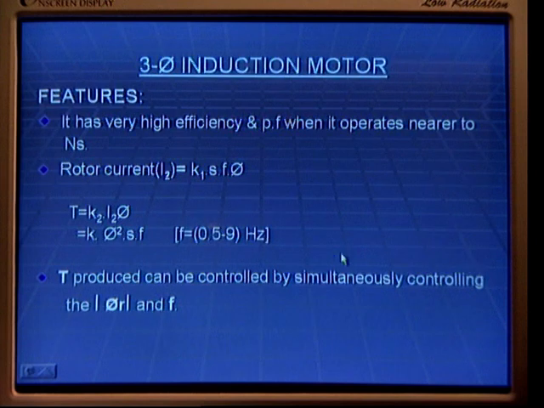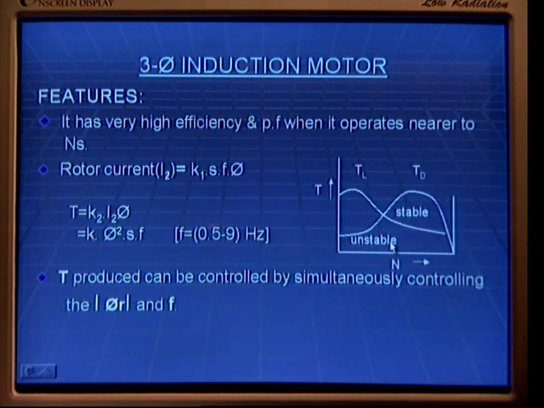And you can see the characteristics, which are actually the basic characteristics of the series motors. Torque versus speed: this is the starting torque of the induction motor. When it goes to high speed, the torque developed is more, and there is a stable operation and an unstable operation. But in traction motors we require high starting torque initially.